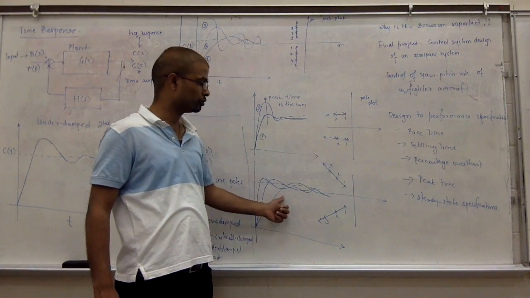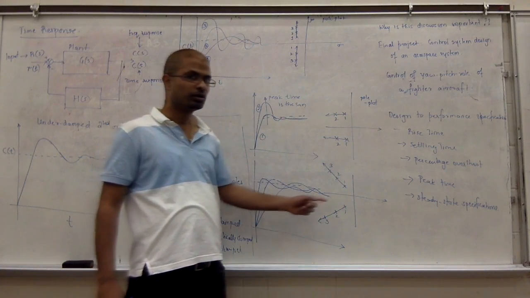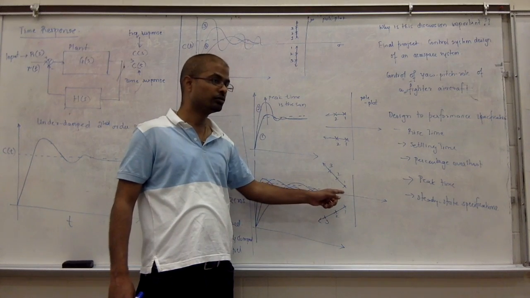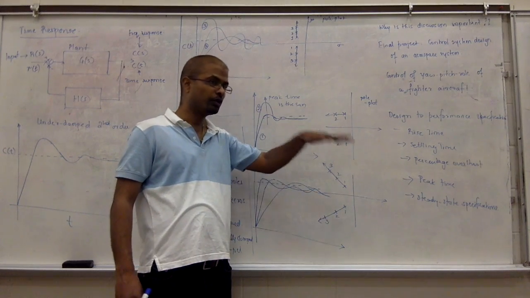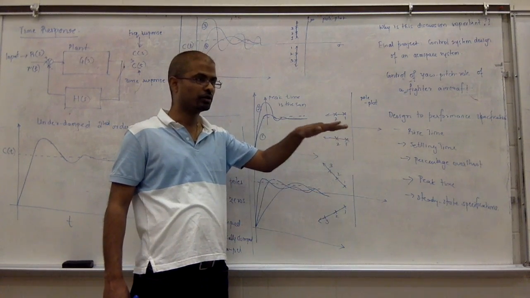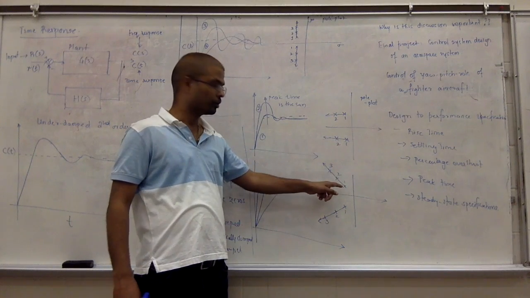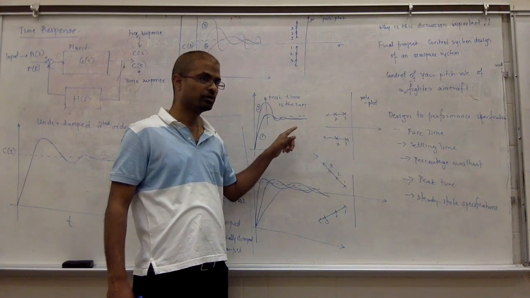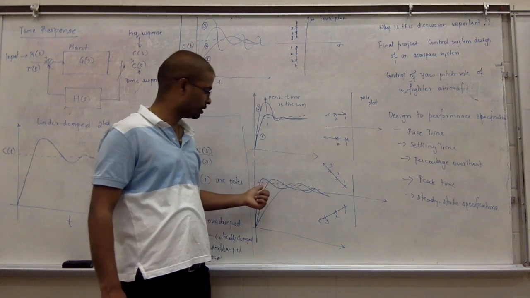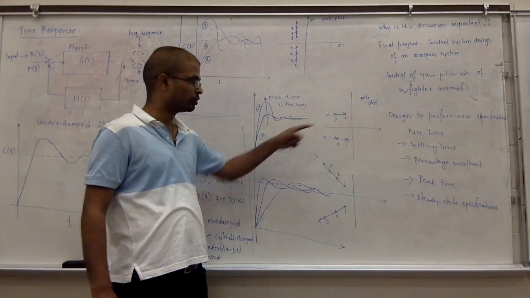What are you going to do? If you want to keep the percentage overshoot there itself, you're going to increase both the real and imaginary component of your poles. So that way, you get closer to the rise time.